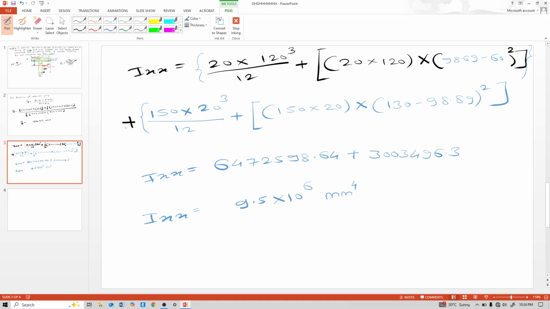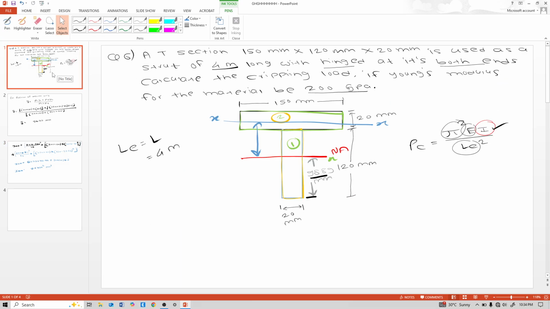So this is only the moment of inertia about the x-axis. And we took the moment of inertia of the web portion also, plus the area of the web portion times the distance between the original section neutral axis and the web portion neutral axis, because the x-axis section is not symmetrical upward and downward, so that's why we took all of this.